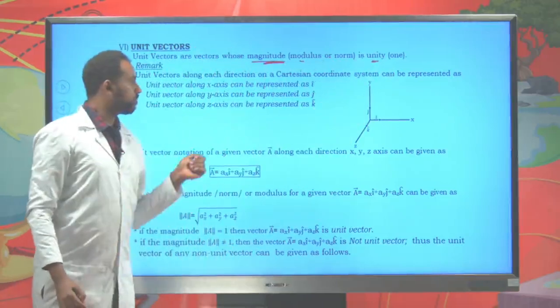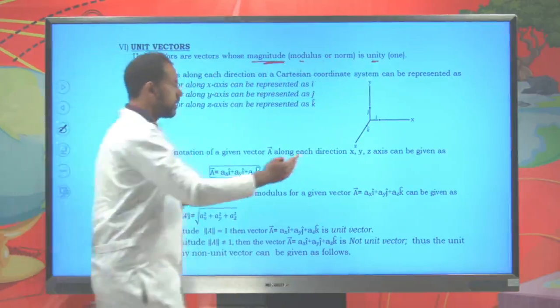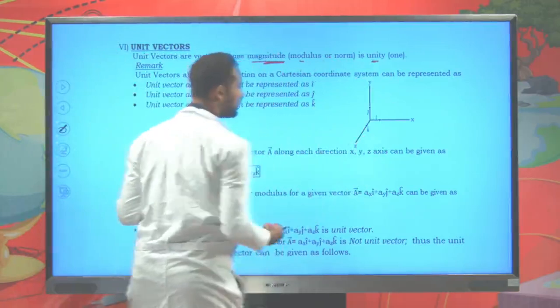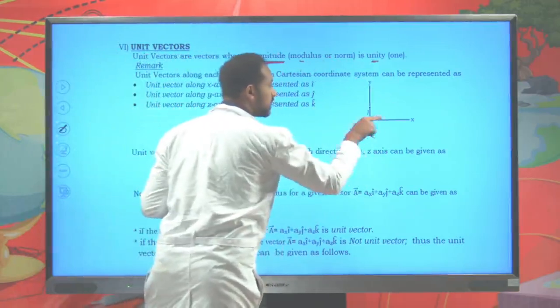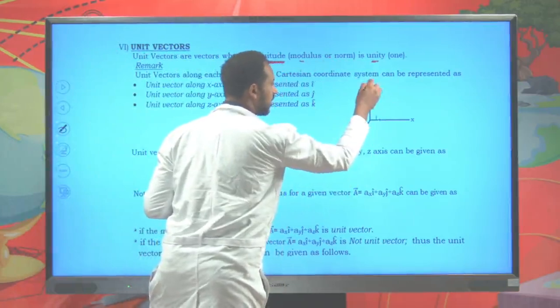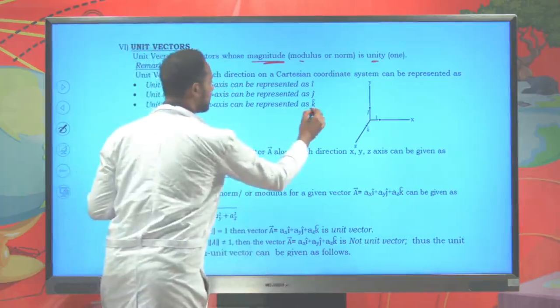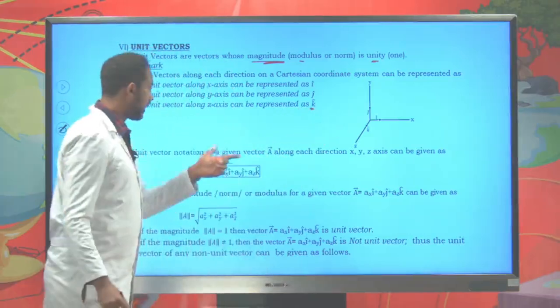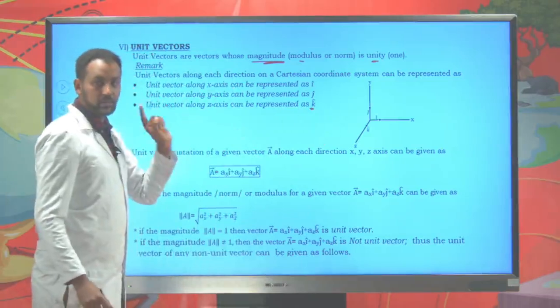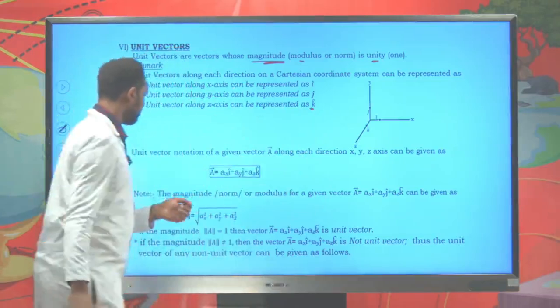To represent the unit vectors on each axis, we have 3 coordinates: x-axis, y-axis, and z-axis. The unit vector acting along the x-axis is called i. The unit vector acting along the y-axis is called j, and the unit vector acting along the z-axis is called k. All their magnitudes are 1. The only thing they represent is the x, y, and z directions.